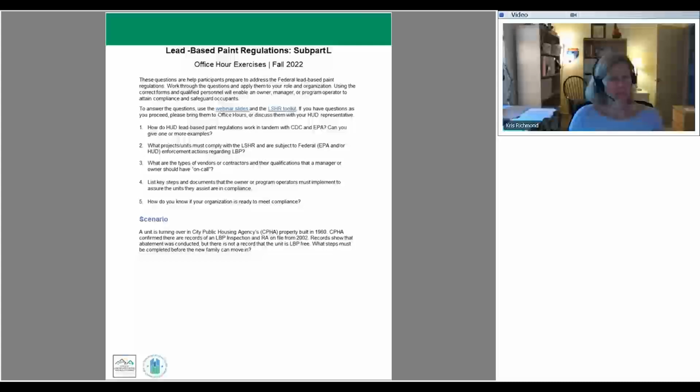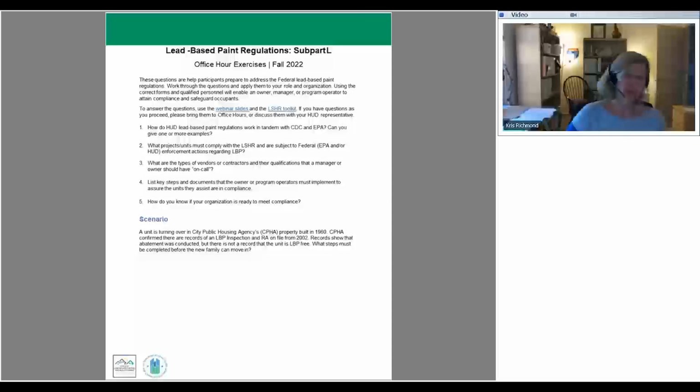All right. Let's look at number 3. What type of vendors or contractors and their qualifications that a PHA or an owner should have on call? Well, first we want to have staff that can do visual assessment, because during that ongoing maintenance period, we're going to be looking to ensure that the unit still does not have any deteriorated paint.